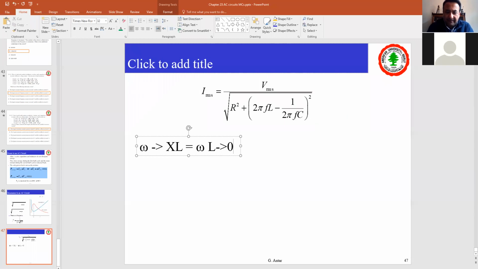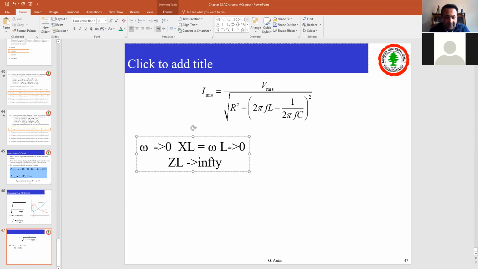Now, how about ZC? In this case, when omega tends to 0, I have XL tends to 0, and I'm going to have ZC tends to infinity, right?